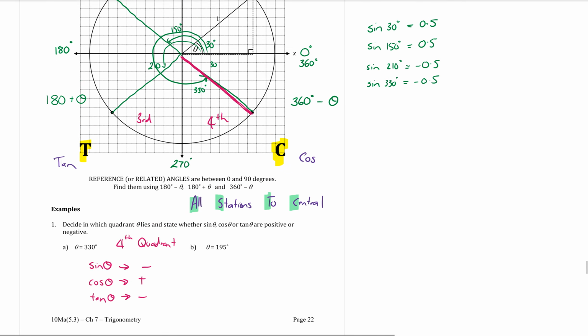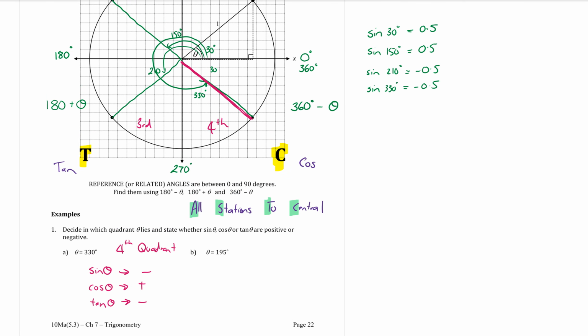Part B is 195 degrees, so 180 is just here, so it's going to be a little bit beyond that. Doesn't have to be perfectly accurate, I'm just going to draw a little line in here. So about in there would be where 195 degrees would be. That is obviously in the third quadrant.